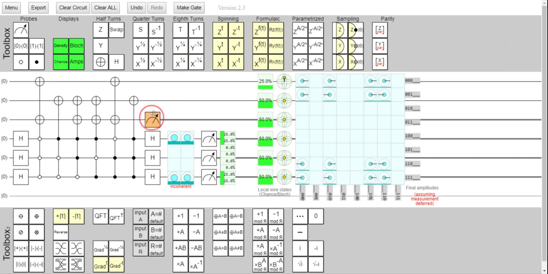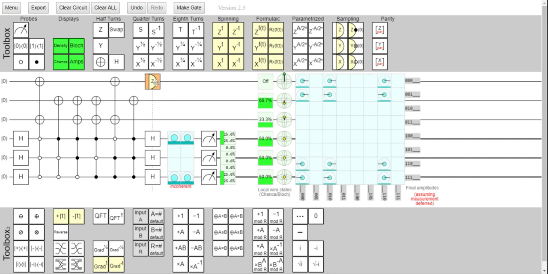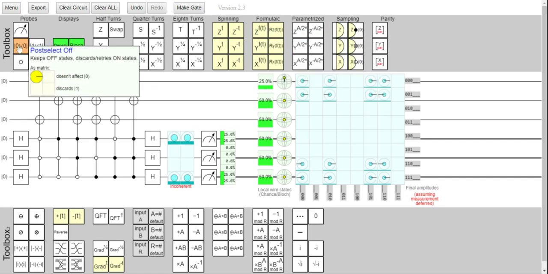Because I basically want to see. Yeah, but I want post selection. I should do a post selection.